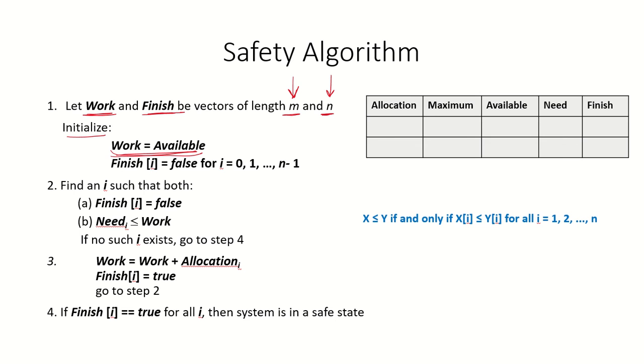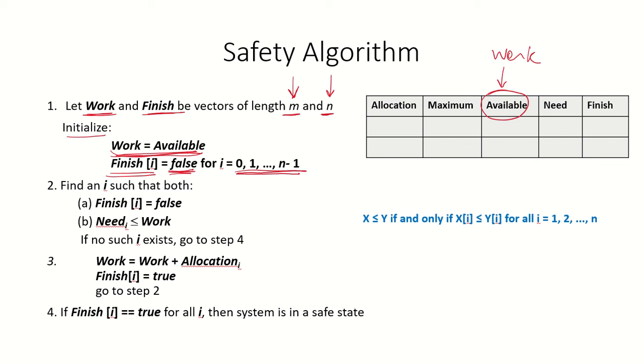So Work is a vector equal to Available, representing how many resources are currently available. We will also have a vector Finish which has either the value false or true for all the n processes in the system. If Finish[i] is equal to false, that means the process has not finished. It is still waiting to be executed.